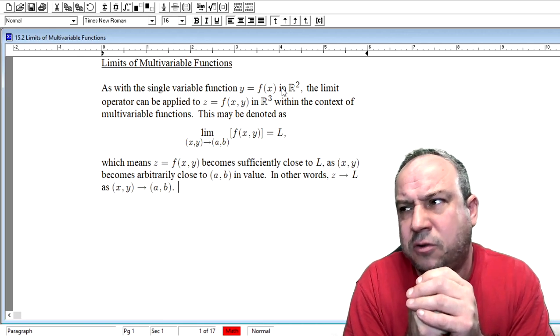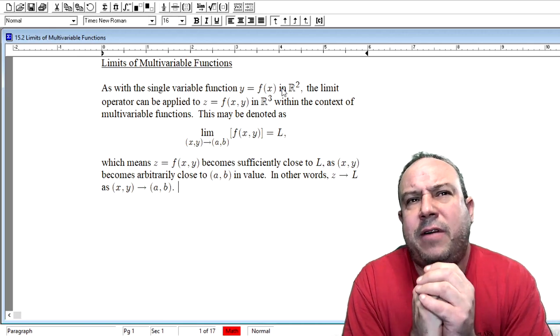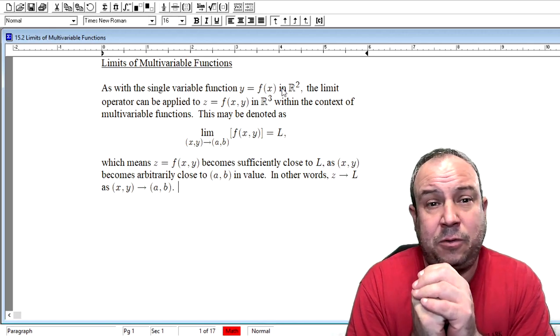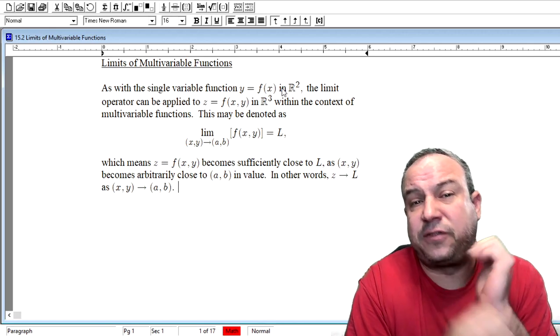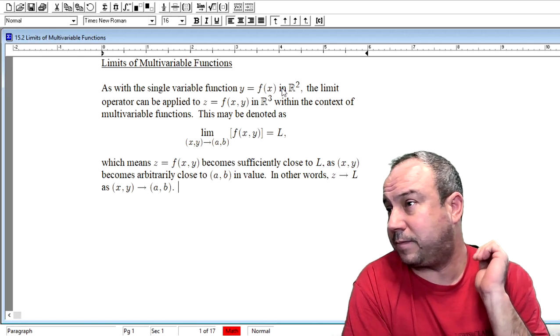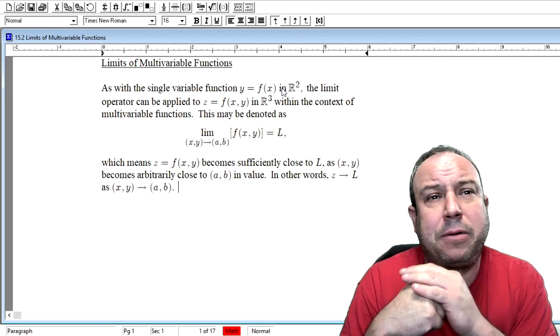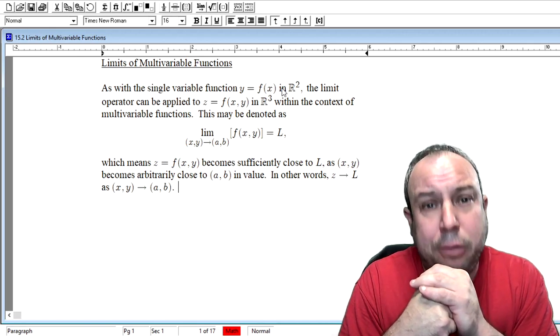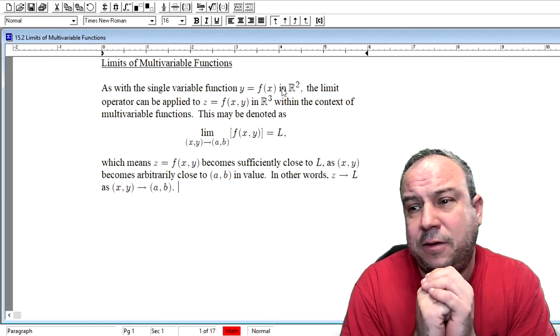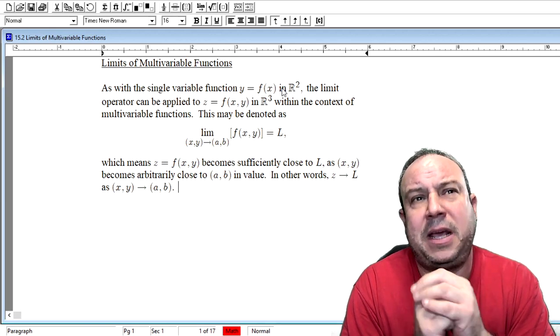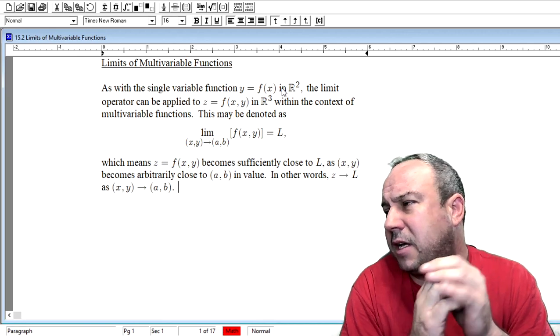Limits just describe behavior of our dependent value as our independent value approaches a particular input. How does our output behave? That's all limits are really examining.